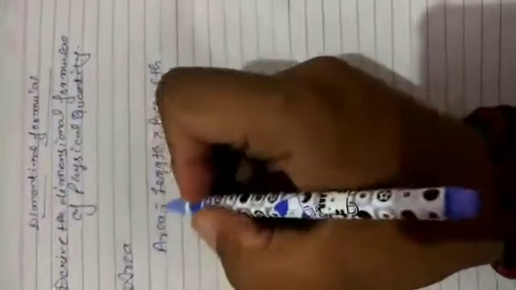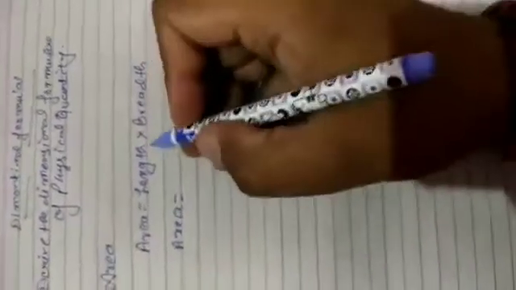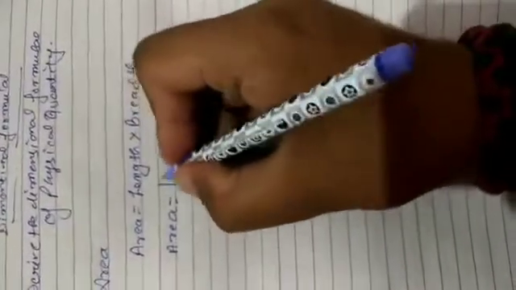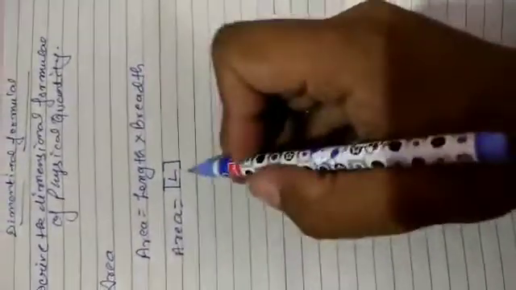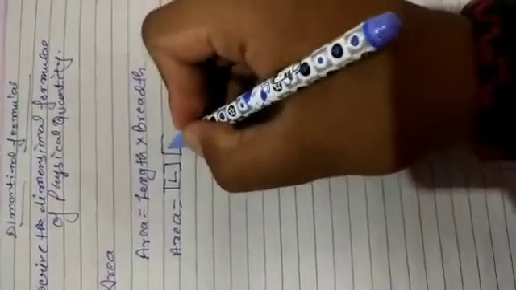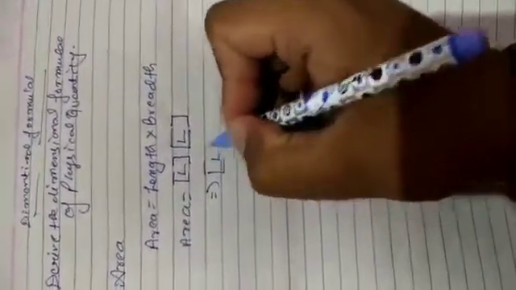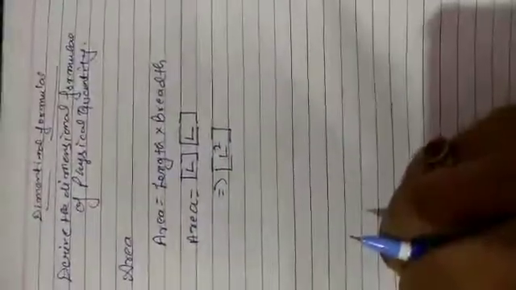So area is equal to, in dimensions, length is denoted by L. You will always use this bracket. And breadth is also calculated in length only, so this will also be L. It means the dimension will be L square.